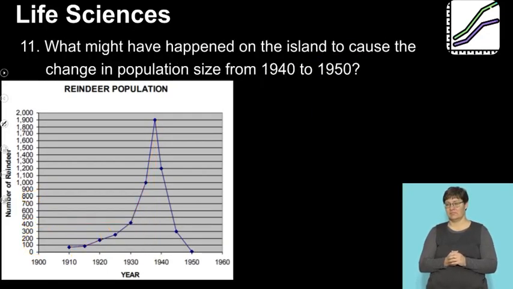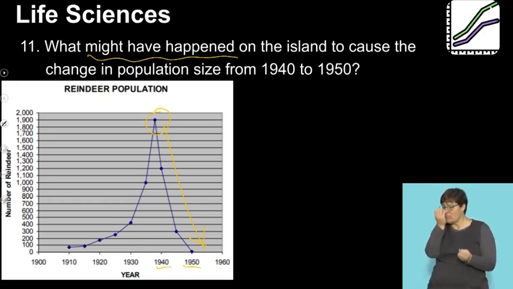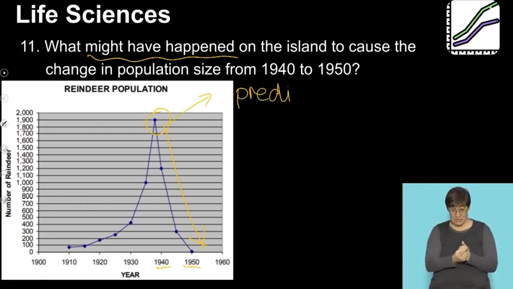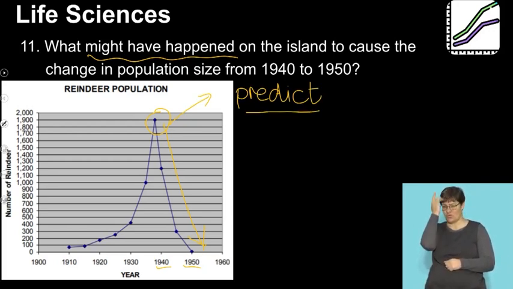What might have happened on the island to cause this tremendous change in population from 1940 to 1950? We are not given this information. So that means you have to predict. What you're doing now is you are using your knowledge to talk about things like the carrying capacity of the land.